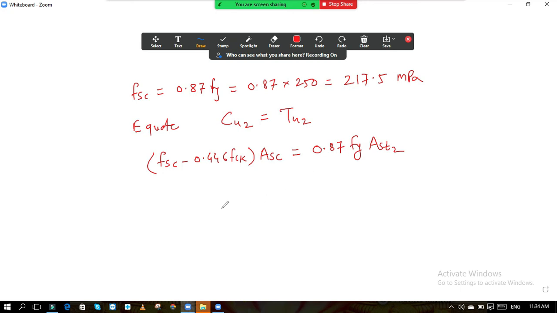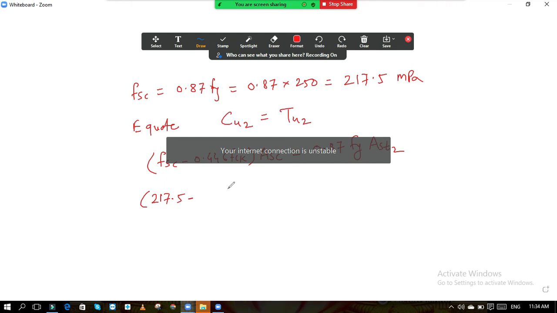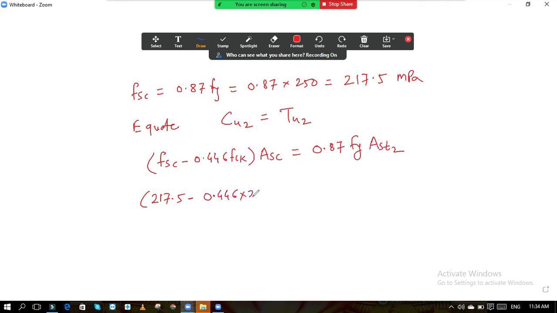Now if I put the values, FSC is 217.5 minus 0.446 into grade 20, into ASC. ASC we have already calculated, area of steel, it is 402.12. All this is equal to 0.87 into 250 into AST2.